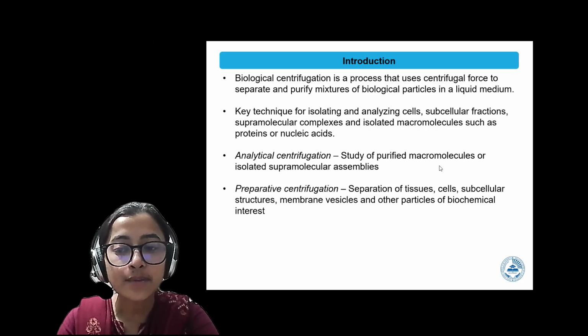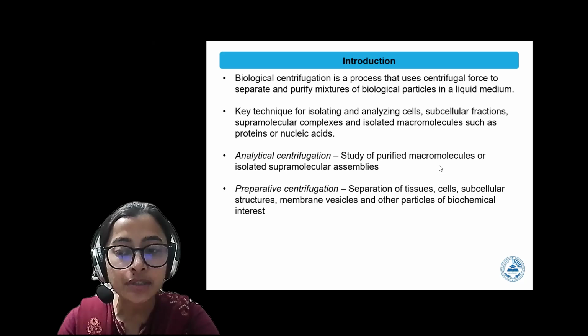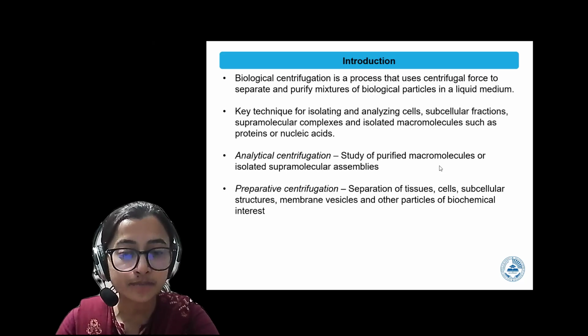There are two types of centrifugation: analytical centrifugation, which is used to study purified macromolecules and their properties, and preparative centrifugation, which is used to separate and isolate biological materials for further use. Thus, centrifugation is both an analytical as well as a preparative tool in biological research.